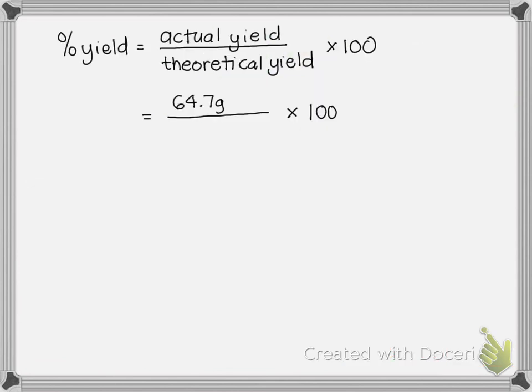I'm going to take that 73.8 from the previous page and plug it in here. And then I have 64.7 divided by 73.8 times 100. And I get to three significant figures, 87.7% yield.